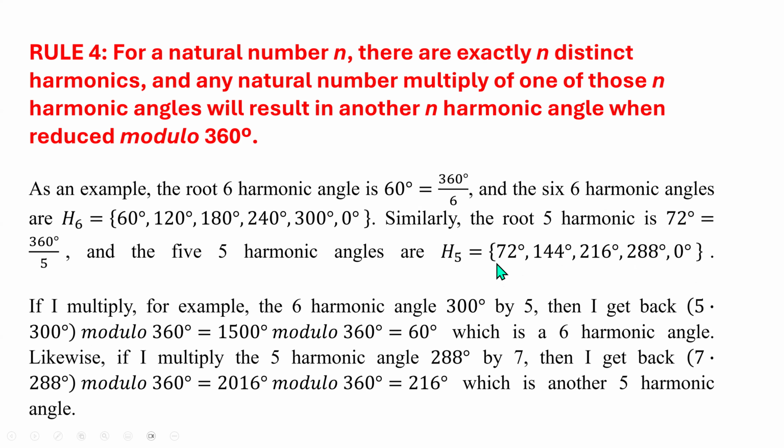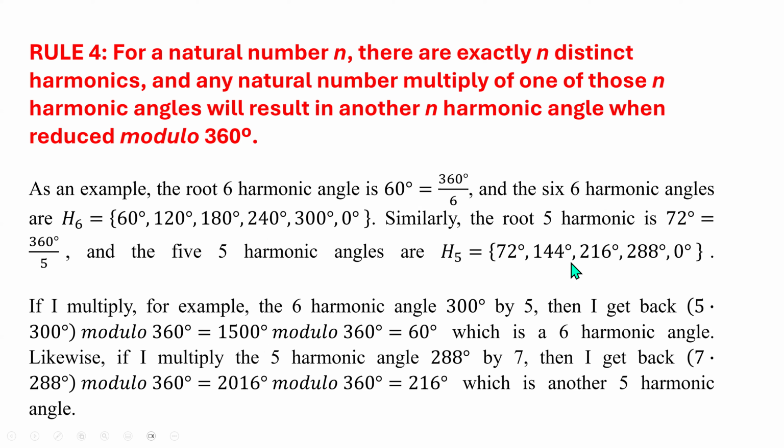Okay, the root R harmonic angle. If I multiply, for example, the 6 harmonic angle 300 degrees by 5, then I get back 5 times 300 degrees modulo 360 degrees. That is 1500 degrees modulo 360 degrees. And that reduces back to 60 degrees, which is another 6 harmonic angle.